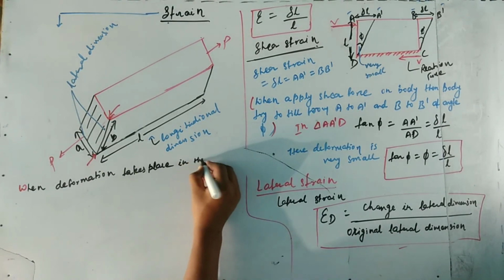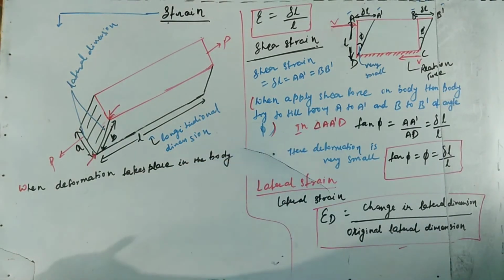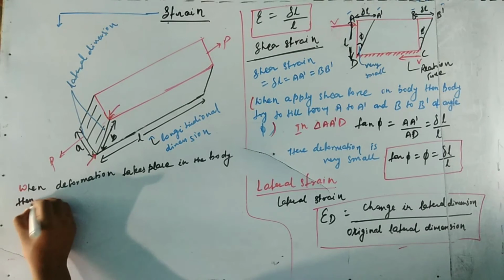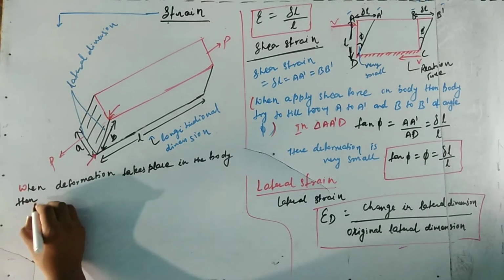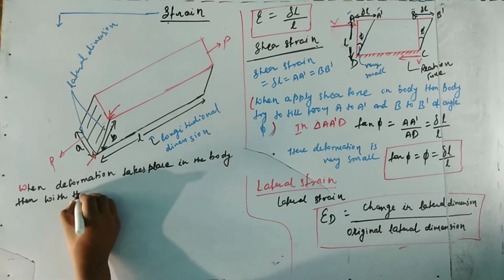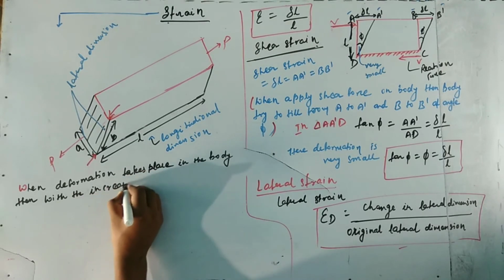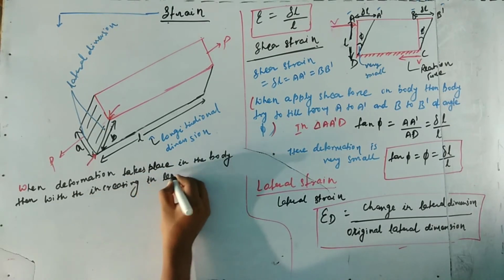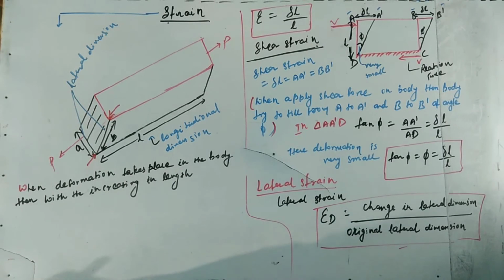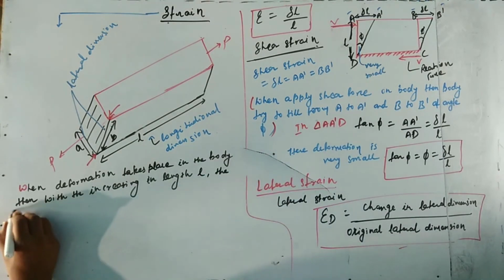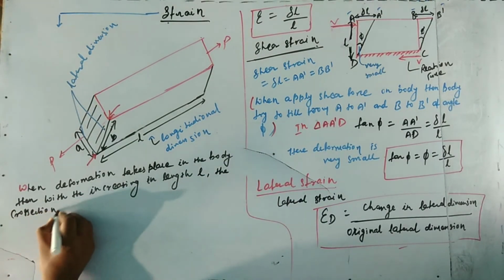So we can write here, when deformation takes place in the body, with the increase in length L, the cross section area of the body will decrease. What is cross section area?